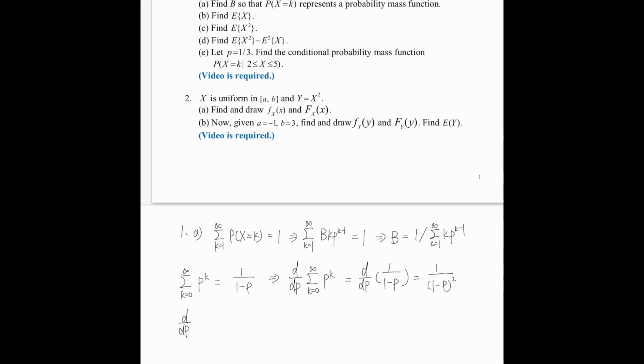The left side equals the sum from k equals 1 to infinity of k p to the k minus 1 power, which equals 1 over 1 minus p squared.